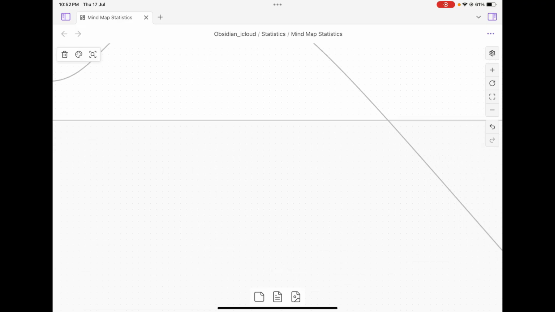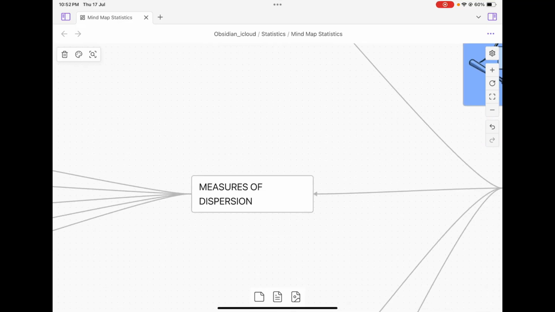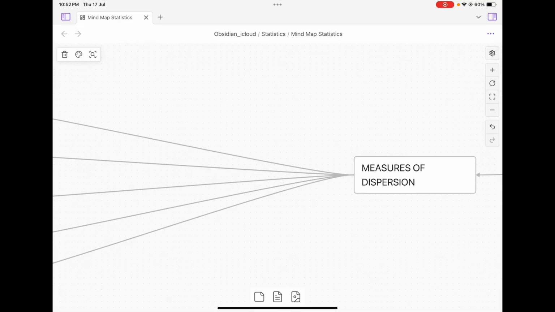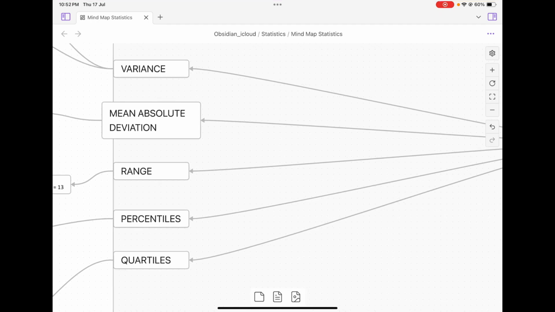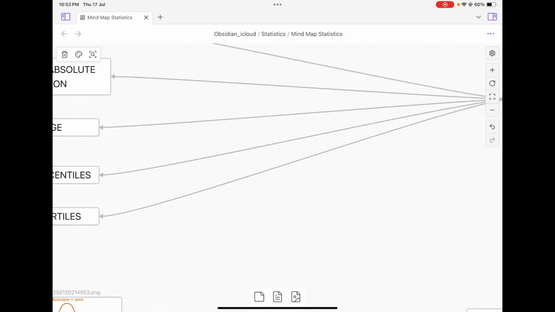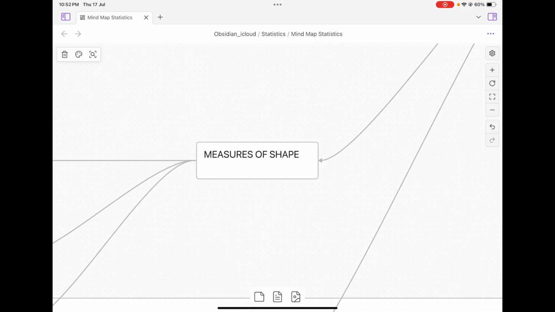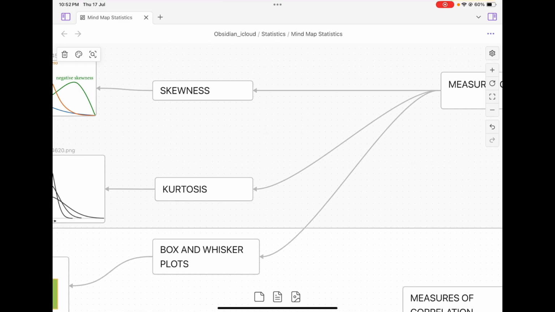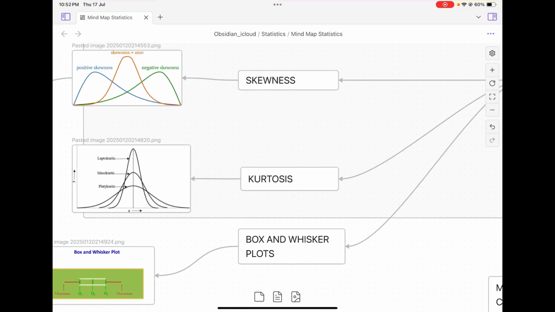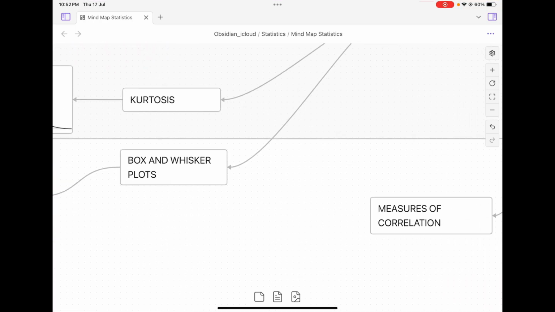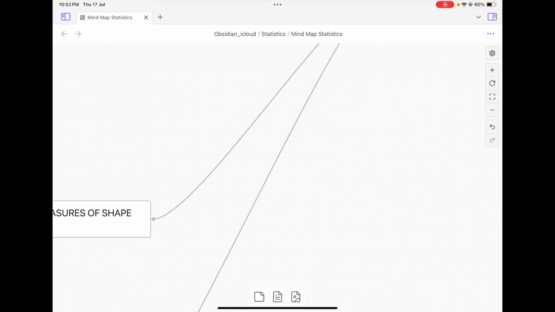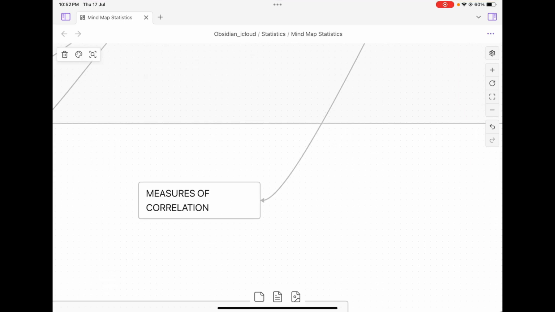Then measures of dispersion, where you will learn about variance, mean absolute deviation, range, percentile, quartile, etc. Then measures of shape like kurtosis, skewness, box and whisker plot, etc. And then measures of correlation.